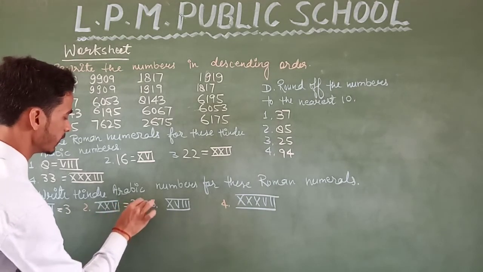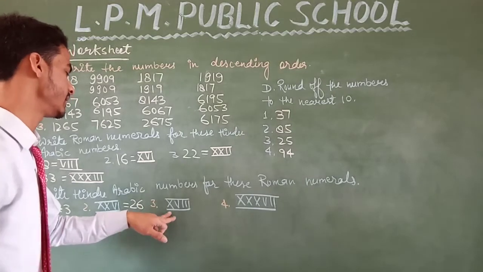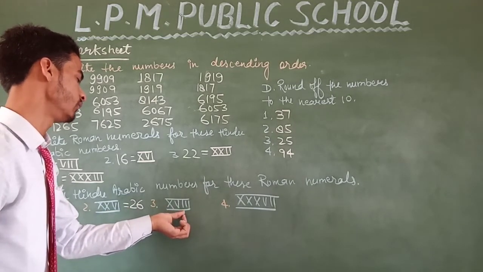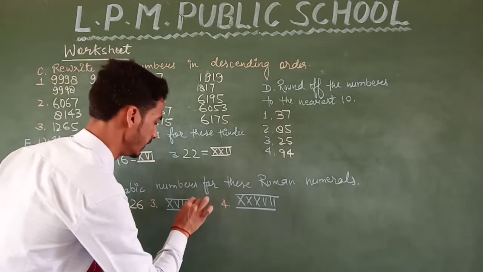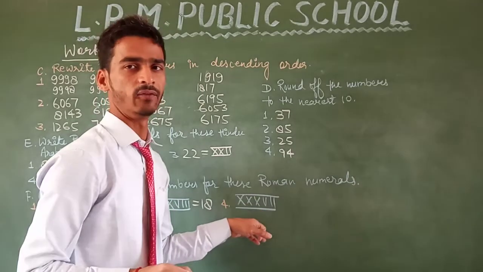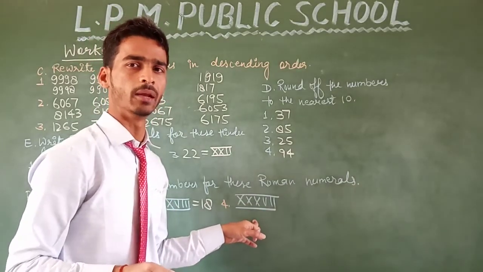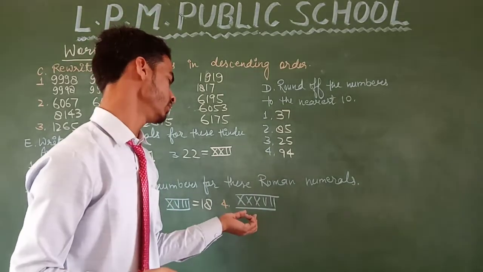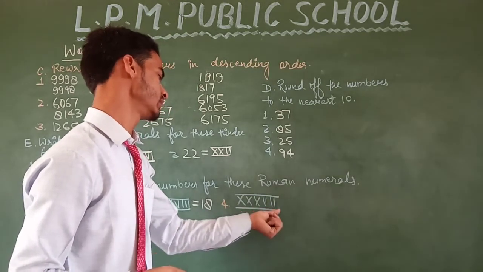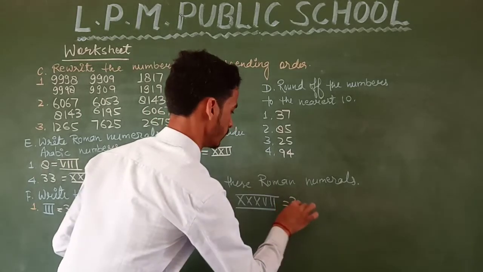X stands for 10, V stands for 5, 15, and I stands for 1, 16, 17, 18, that is 18. And XXX stands for 30, because X can be repeated 3 times and repetition means addition. 30 plus 5, 35, 36, 37, that is 37.